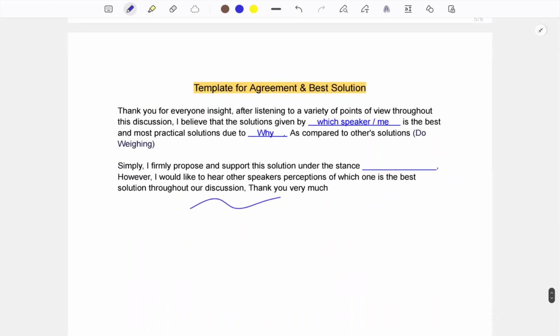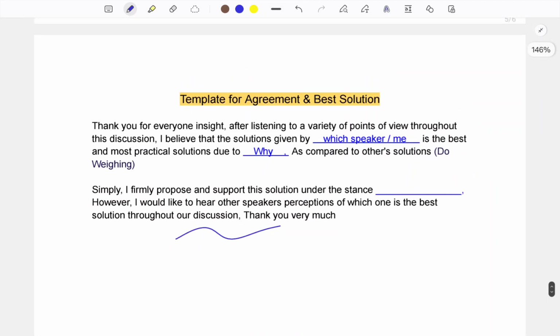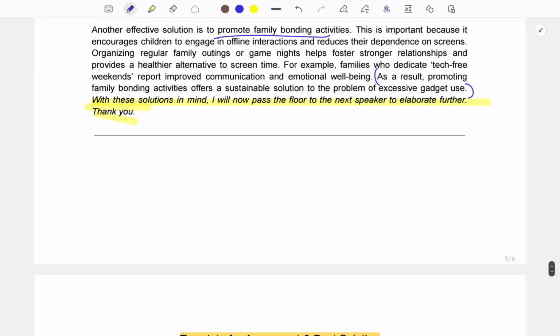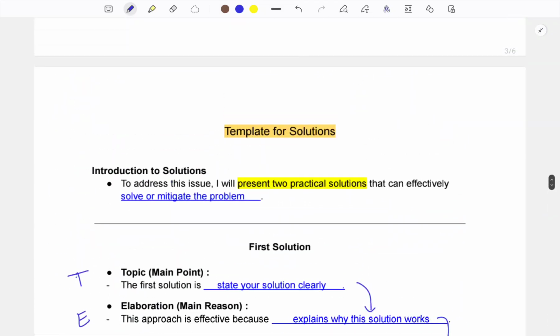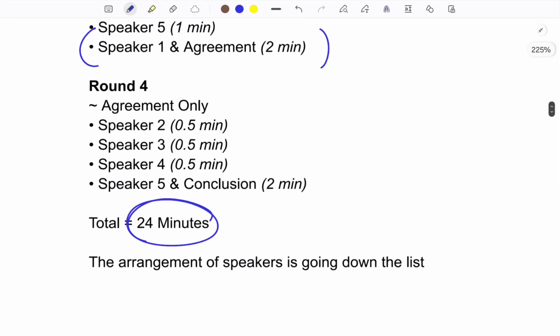So after you finish your part for the final decision, the weighing and the stance, we are moving to the 4th round. For the 4th round, everyone is going to agree only. So speaker 2 is going to agree, like, thank you to the first speaker. Let's say the first speaker is Azim. Thank you to Azim for your very well point of view.